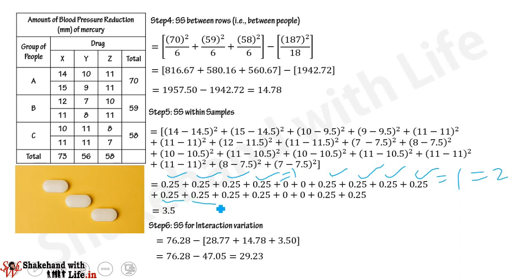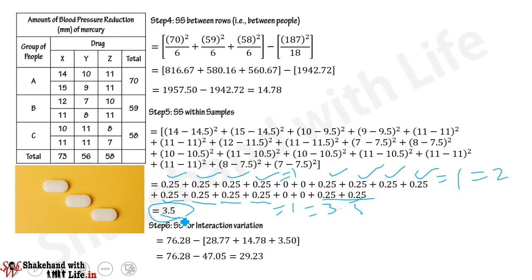So 1 plus 1 equal to 2, and here we have 0.25, 0.25, 0.25, 0.25 equal to 1, so we get 2 plus 1 equal to 3, right? And we have 0.25, 0.25, so this is 3.5.